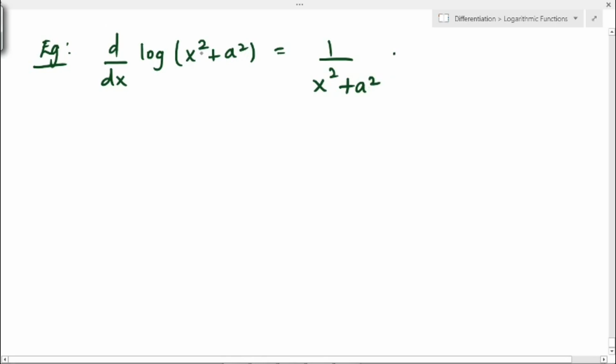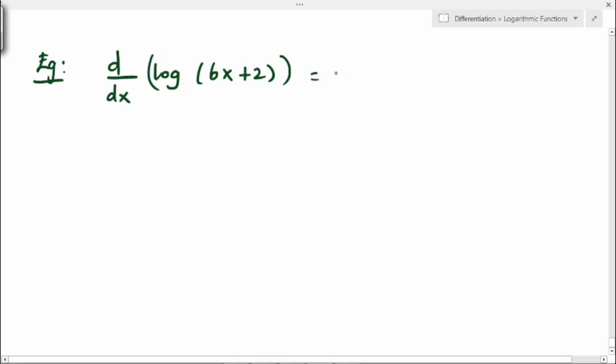The first term, x square, differentiation is 2x, plus a square differentiation is 0 because a is a constant value. Here we are differentiating with respect to x, so this a is a constant, and constant differentiation is 0. So we have simply 2x divided by x square plus a square.